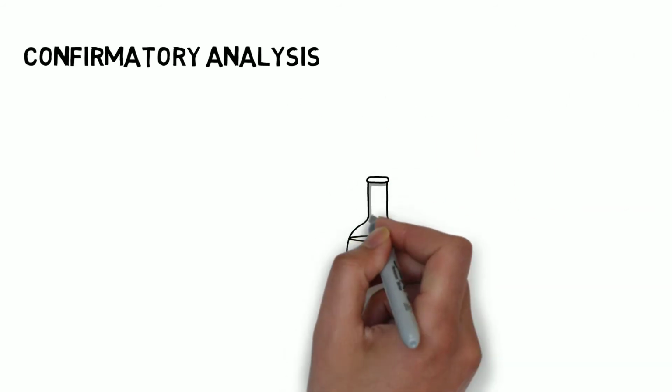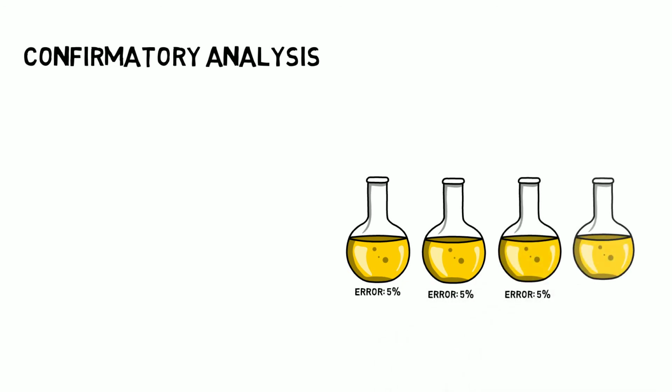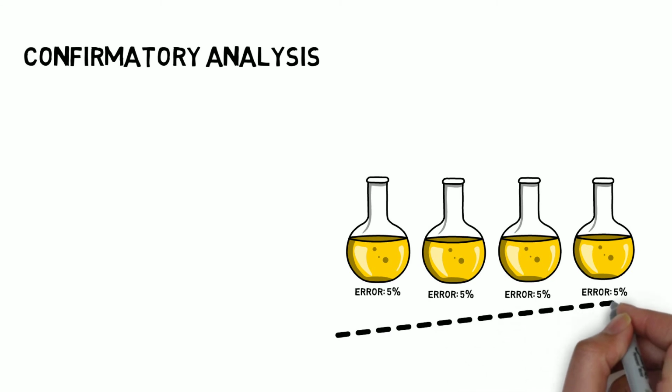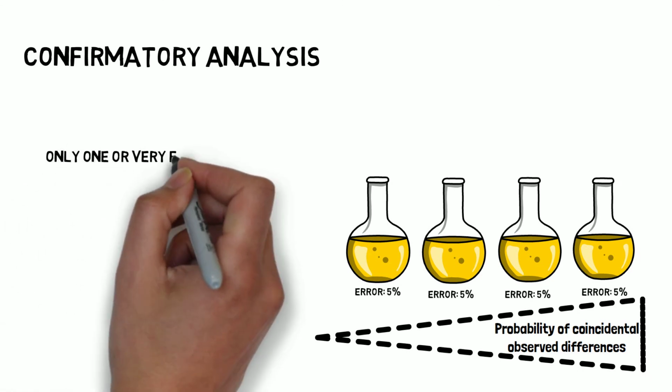The probability of coincidentally observed differences where there are actually none is increasing with every additional test you perform on the same data. This is why you should generally only perform one or very few confirmatory analyses for each trial.